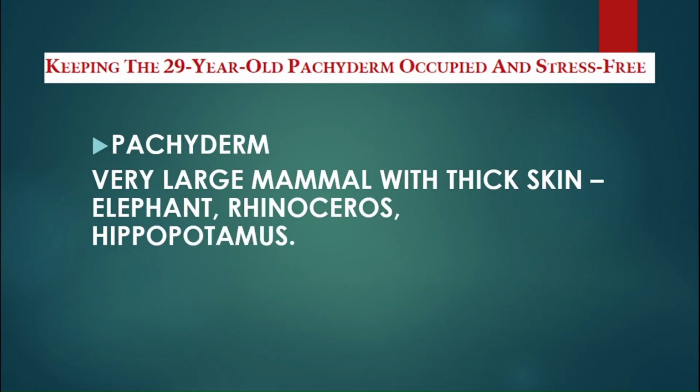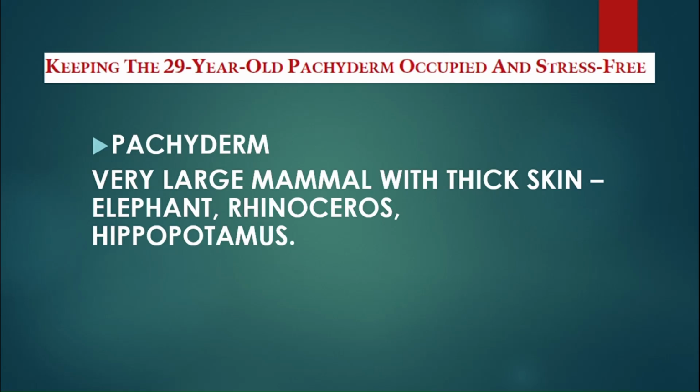Moving on. Next, keeping the 29-year-old pachyderm occupied and stress-free. See, the entire article was not important, but what I felt was important is the term pachyderm, right? So what is a pachyderm? It's a very large mammal with thick skin, for example, an elephant, rhinoceros, or hippopotamus.